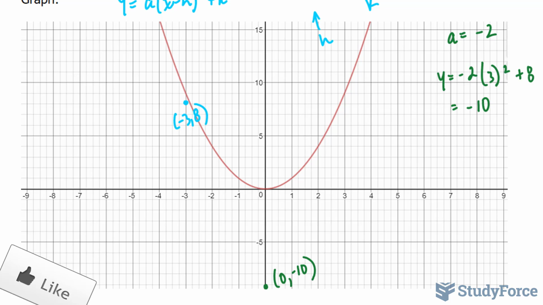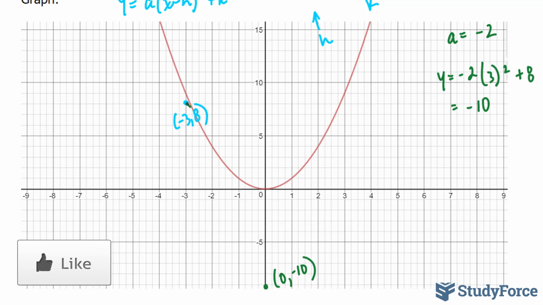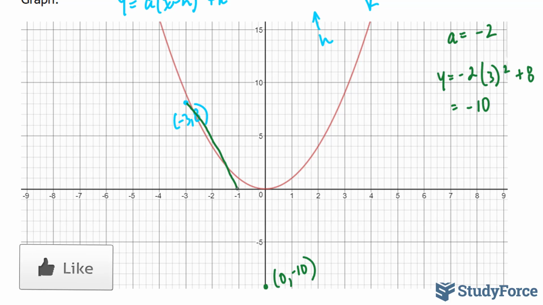This gives me a good idea as to where this point will connect to next. And you'll notice that the distance from this x-coordinate to this x-coordinate is only 3 units away. Therefore, since parabolas are symmetrical, our other point will be 3 units to the left this way. 1, 2, 3, and it'll have the same y-coordinate.